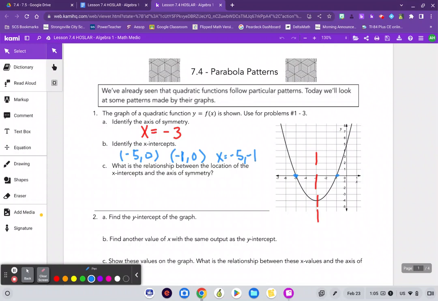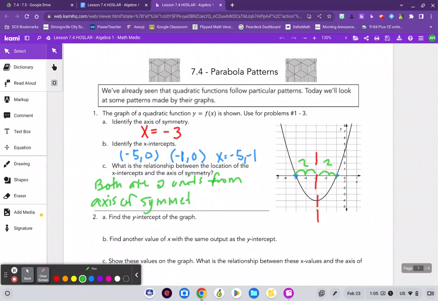C says, what's the relationship between the location of the x-intercepts and the axis of symmetry? What I notice is that my x-intercepts are 2 away from that axis of symmetry on either side. So we can say both are 2 units away from the axis of symmetry.